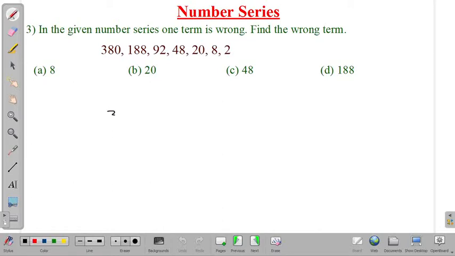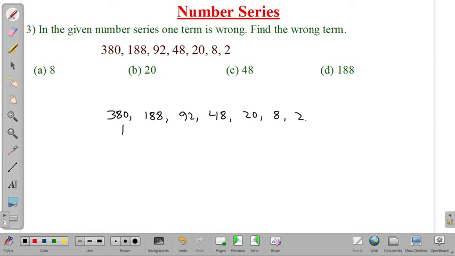See, here the terms are 380, 188, 92, 48, 20, 8 and 2, right? So what we notice is that the terms are reducing rapidly.